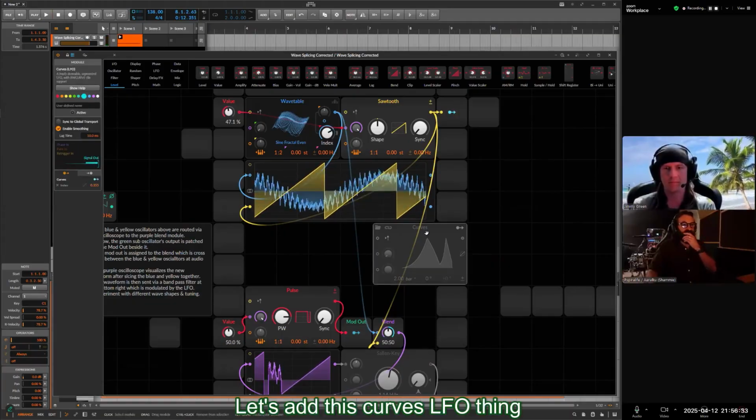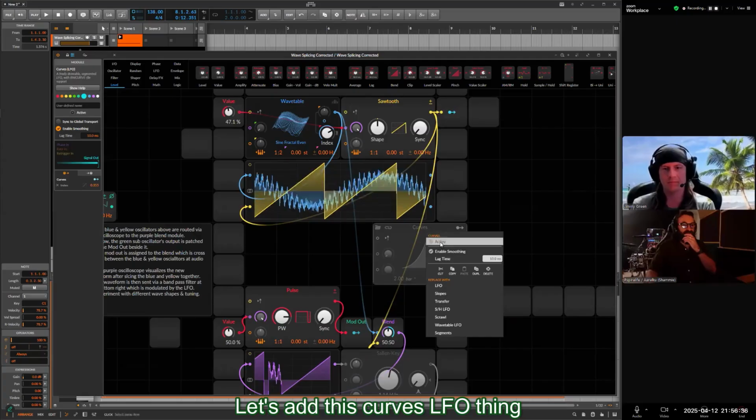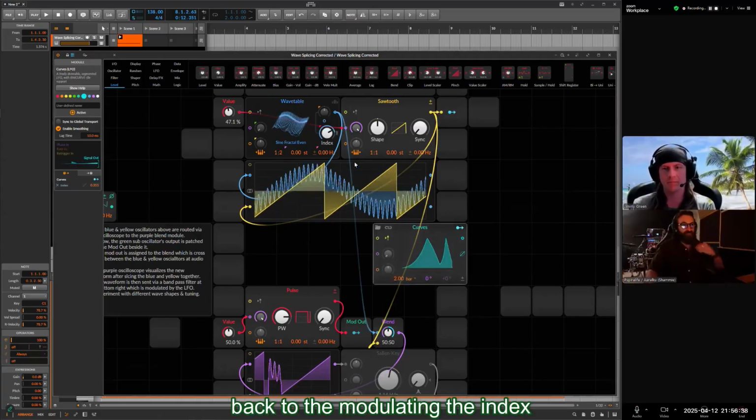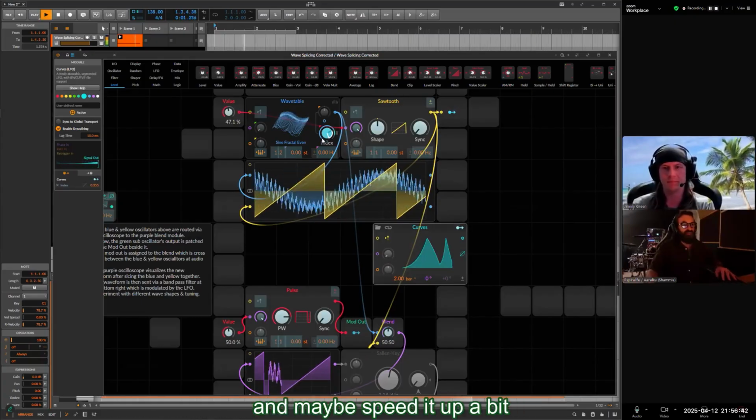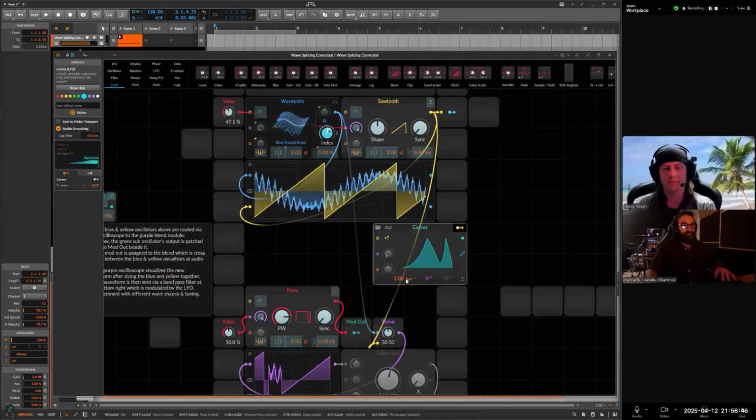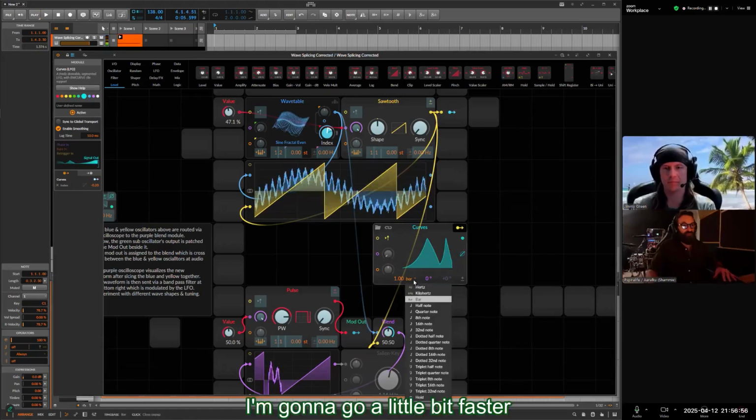Let's add this curves LFO thing back to modulating the index, and maybe speed it up a bit. I'm going to go a little bit faster.